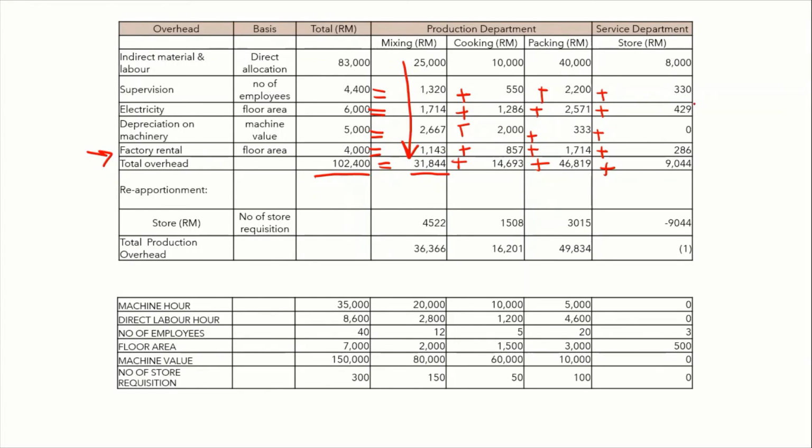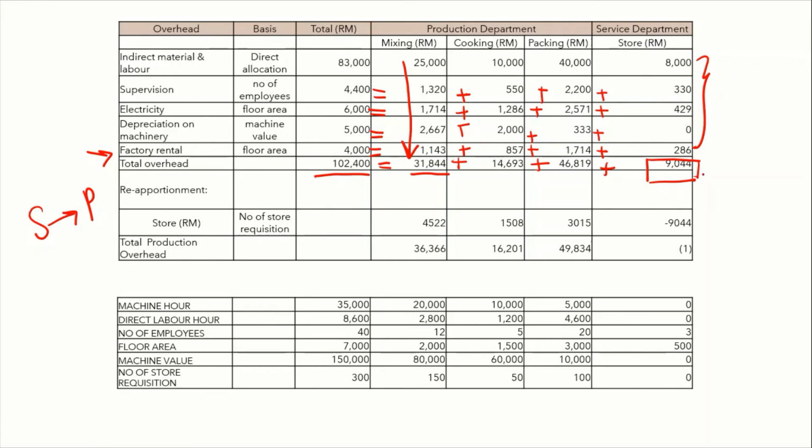After you finish the upper parts, which means you finish the apportionment phase, next you have to reapportion the cost, which means transferring the service department cost to the production department. So your focus will be this amount.